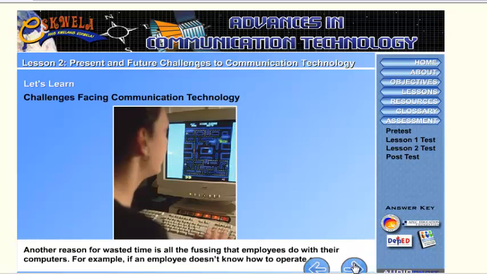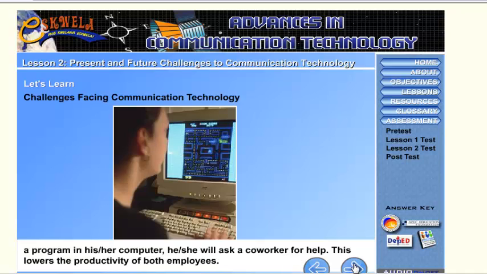Another reason for wasted time is all the fussing that employees do with their computers. For example, if an employee doesn't know how to operate a program in his or her computer, he or she will ask a coworker for help. This lowers the productivity of both employees.